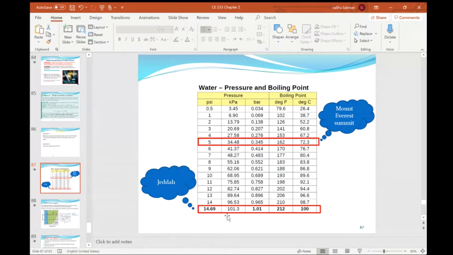The pressure has reduced from 101 kilopascal to 34. So once the atmospheric pressure is reduced to 34, then water will boil at 72.3. Okay, and when you reduce the pressure further to 3.45, it will boil at 26.4.